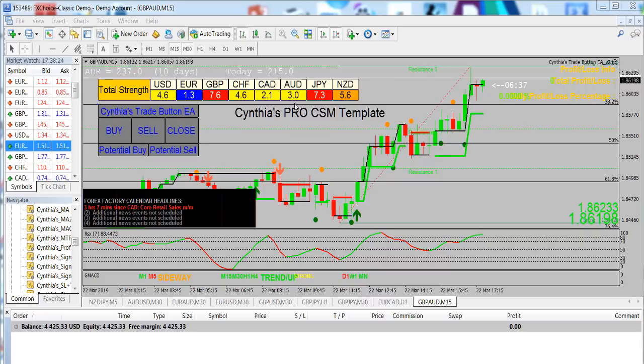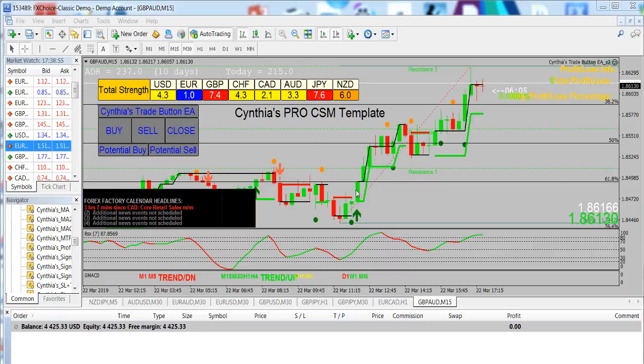So people are buying the pound Aussie as a pair because you buy the strength, which is either orange or red, and you sell the weakness, which is yellow or blue. So the pound Aussie dollar has been going up.